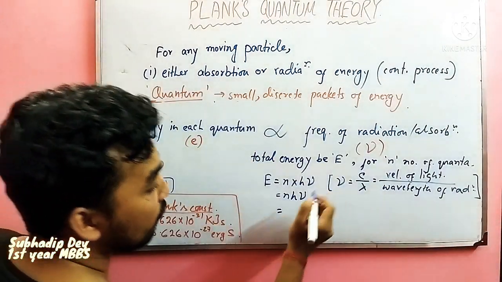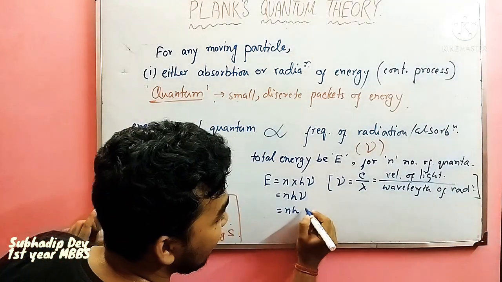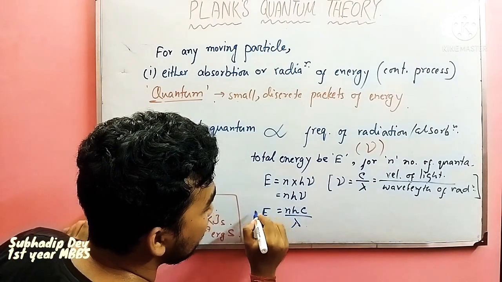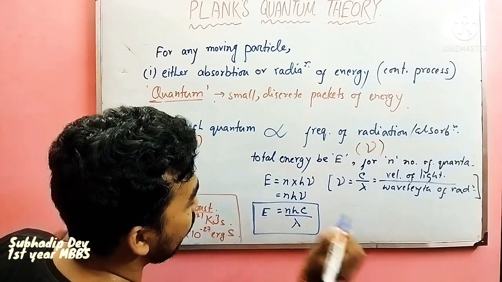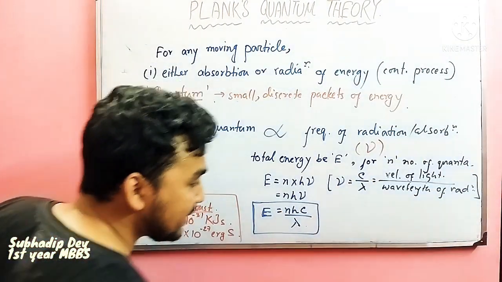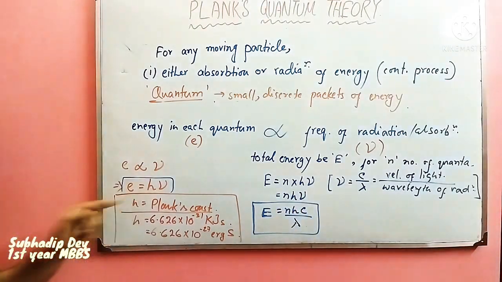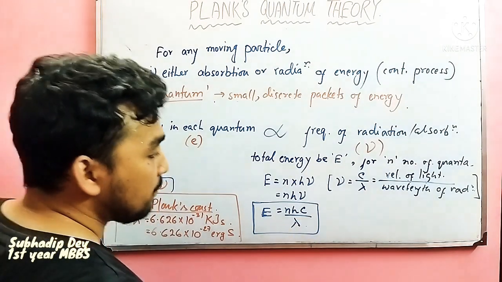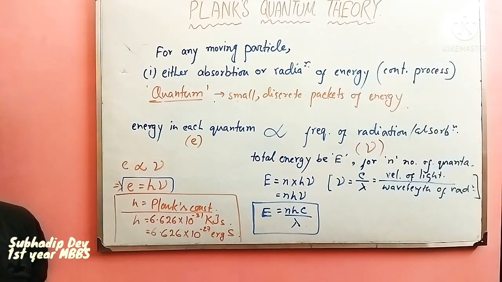Putting the value of nu, we get n h c by lambda. This is another very important relation: energy E is equal to n, the number of quanta, into h, Planck's constant, c, the speed of light, and lambda, the wavelength of radiation.